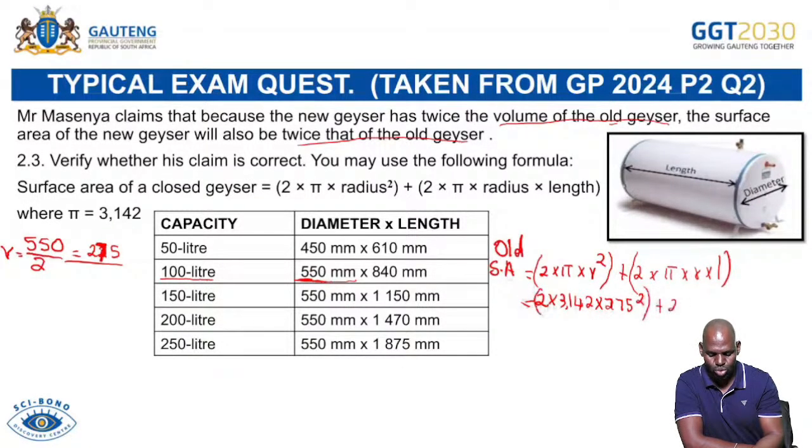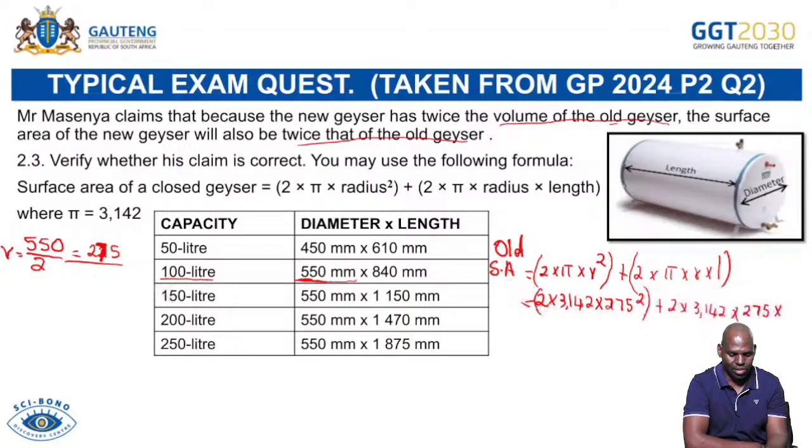And plus 2 times 3,142 times the radius again, 275, times 840. Now, boys and girls, there is no hurry. Please take everything step by step so that you avoid making mistakes.